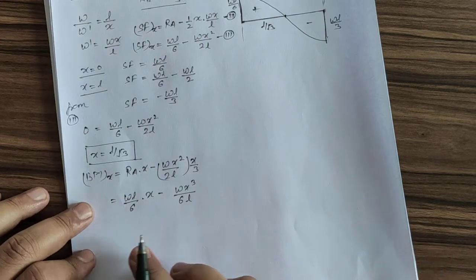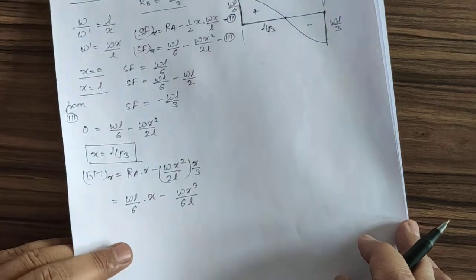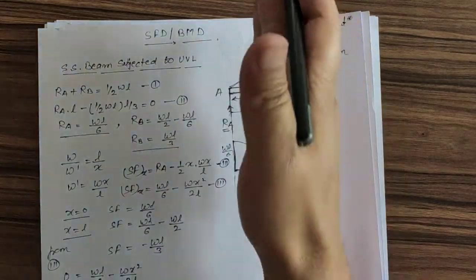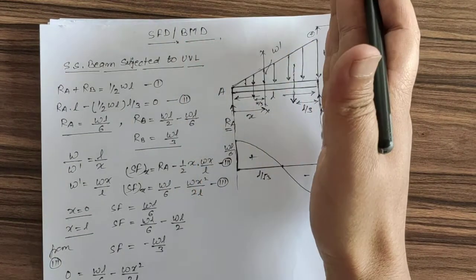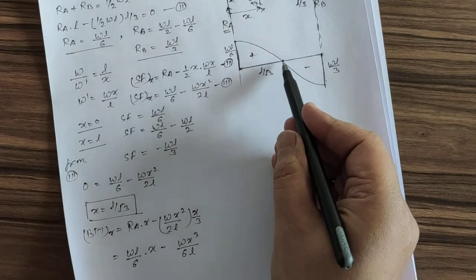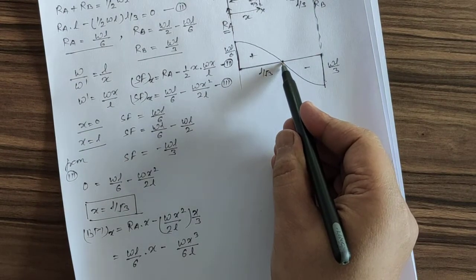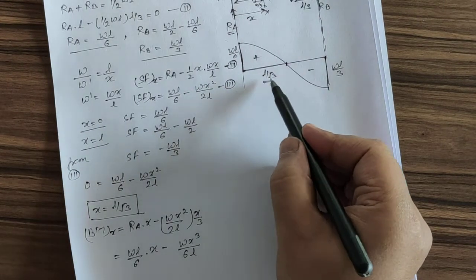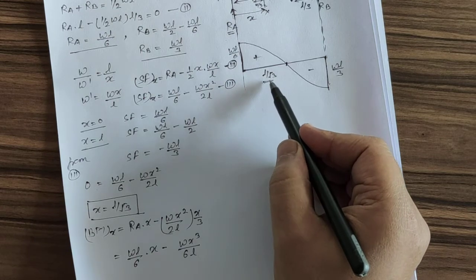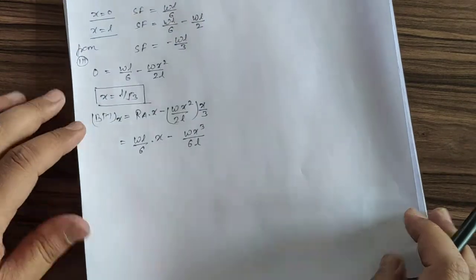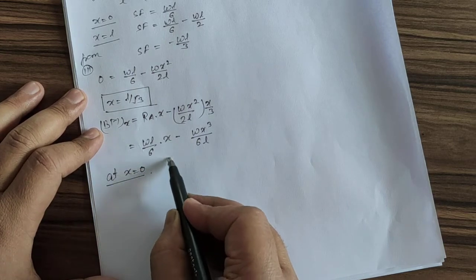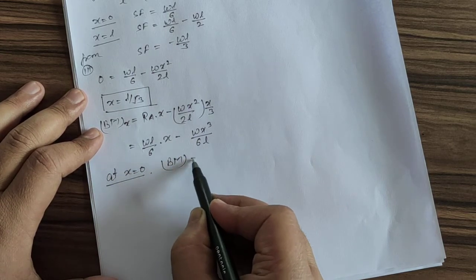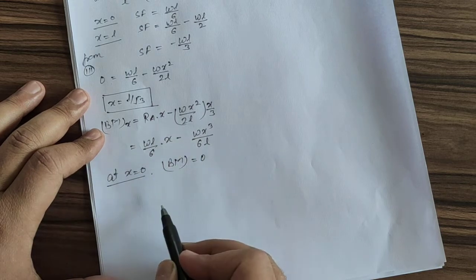So this is the bending moment equation for a particular section x, and x we can vary. So the equation will vary from x equals to 0 to x equals to L. Whenever the shear force is 0, we have maximum bending moment. So the maximum bending moment we will achieve by putting x equals to L by root 3. Okay. Now at x equals to 0, bending moment is 0.